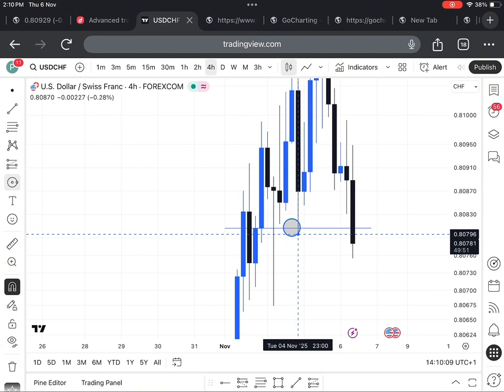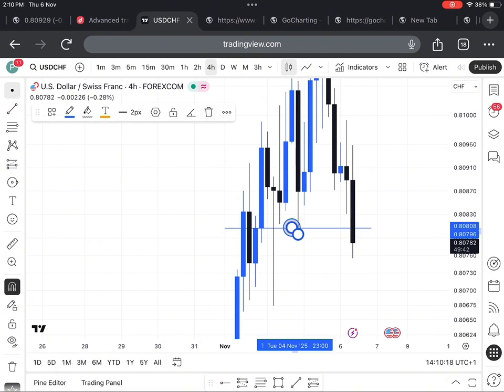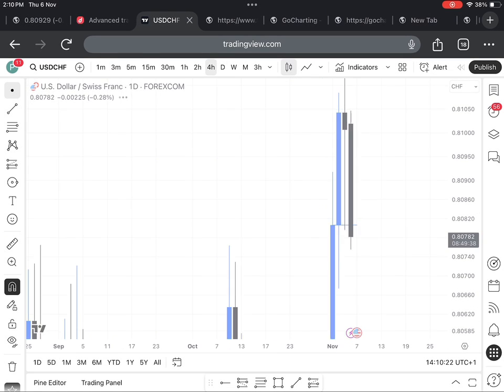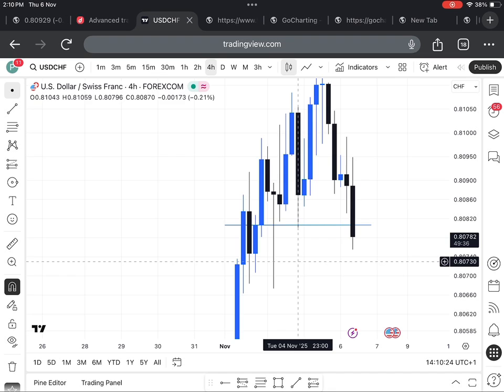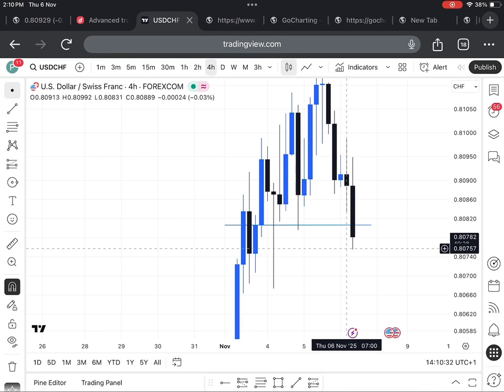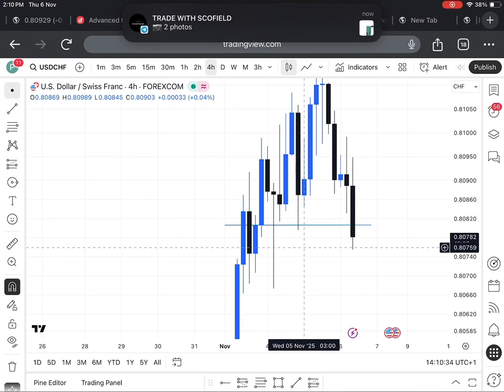Now this is a key level. This is when price tapped to that key level here. Let me confirm. I can still confirm here.